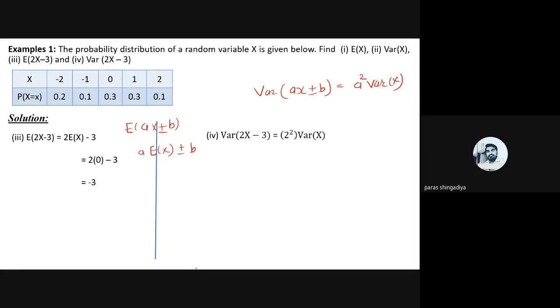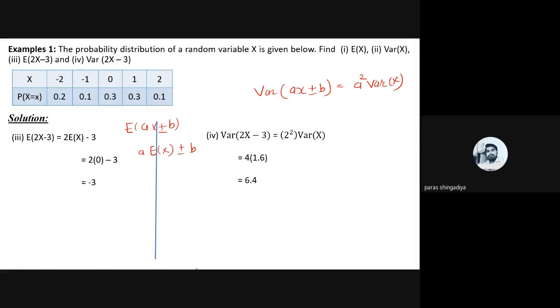What is the answer of variance of x? That is 1.6. Clear? And the final answer is equal to 6.4. Okay, you will get the answer 6.4. Correct?